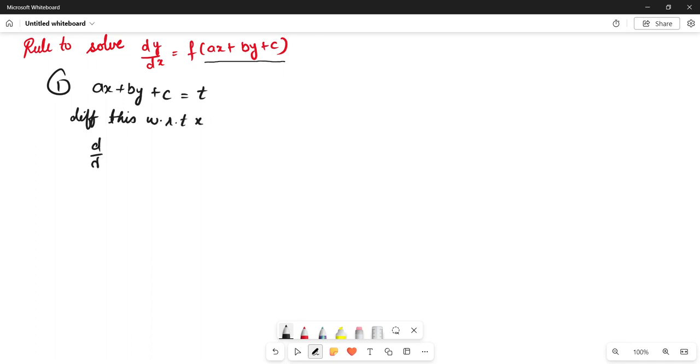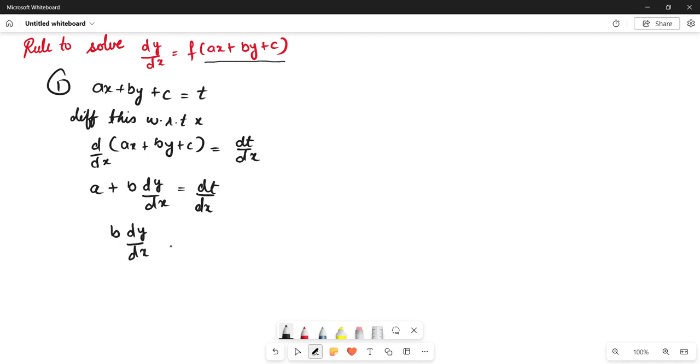That means d by dx of ax plus by plus c equals dt by dx. After the derivative we get a plus b dy by dx equals dt by dx. Then b dy by dx is dt by dx minus a, and dy by dx would be 1 by b into dt by dx minus a.